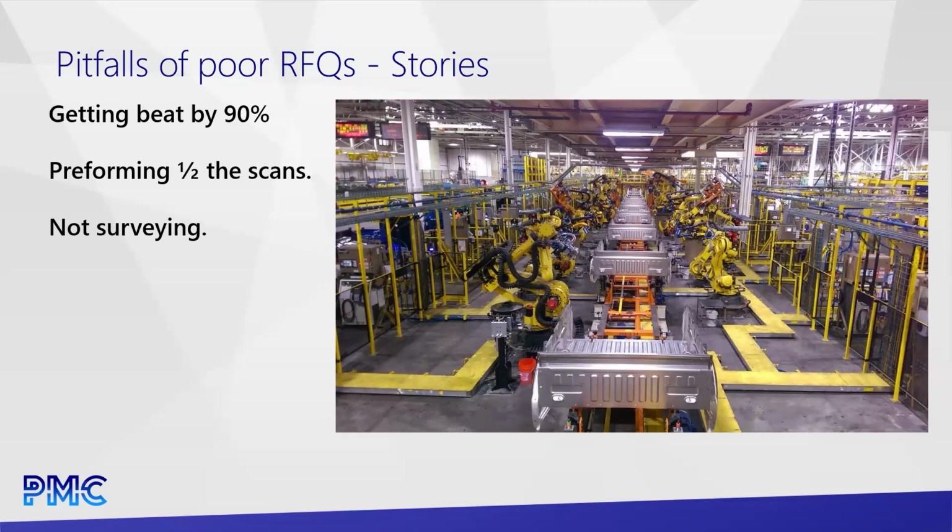What had happened on this job is that the RFQ was actually pretty straightforward in what it wanted and pretty thorough. For any of you who have been in an automotive paint shop, you know there's multiple levels, including a lot of sub levels, platform levels, large pieces of equipment.